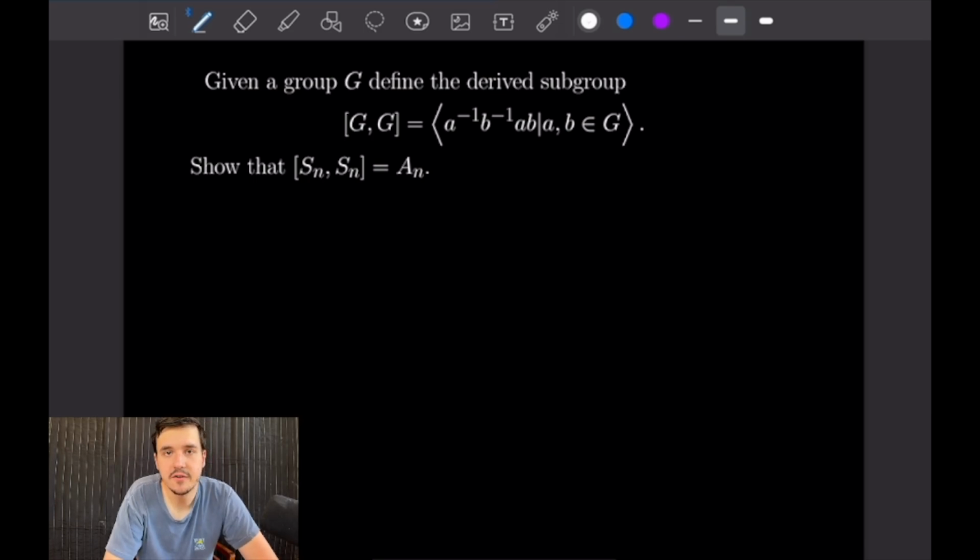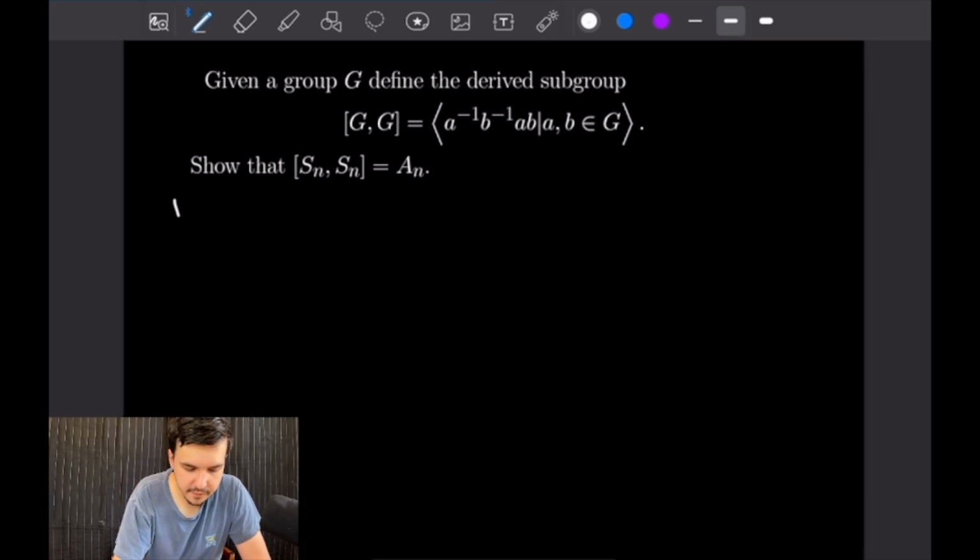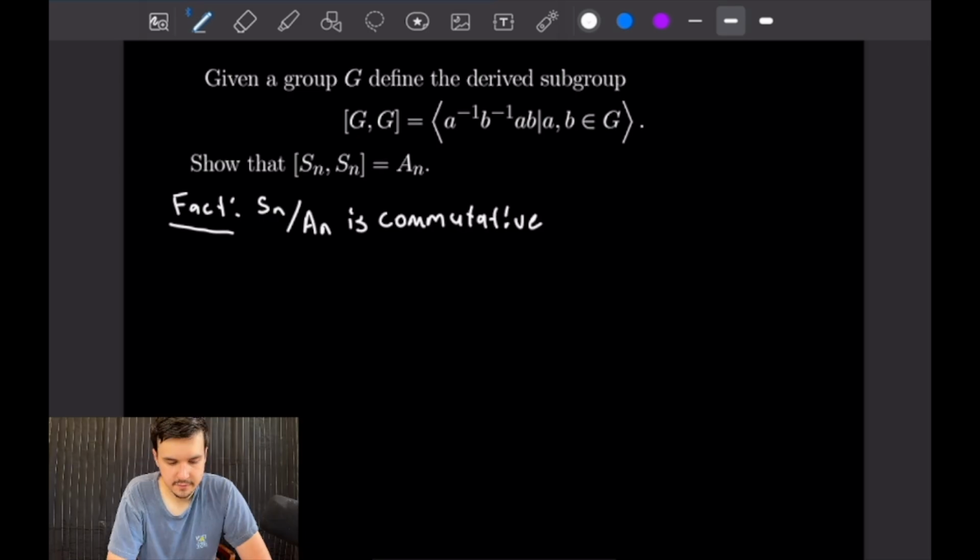Because we want to show set equality, we're going to need to show double inclusion, but we already have the forward direction established for us by the following fact: Sn mod An is commutative. So it immediately follows that the commutator subgroup of Sn is a subset of An from the fact that Sn mod An is commutative.